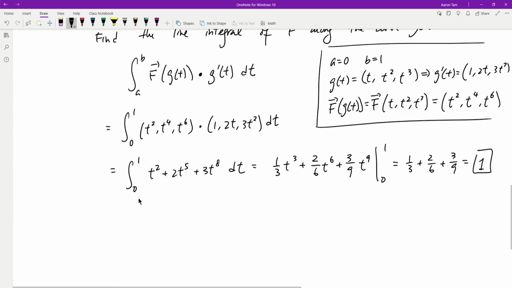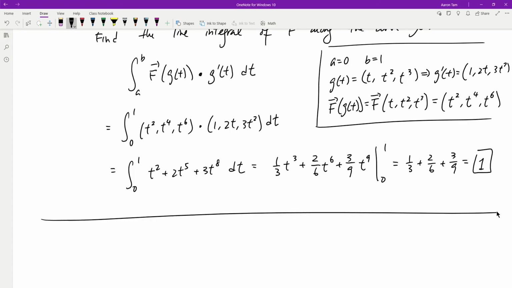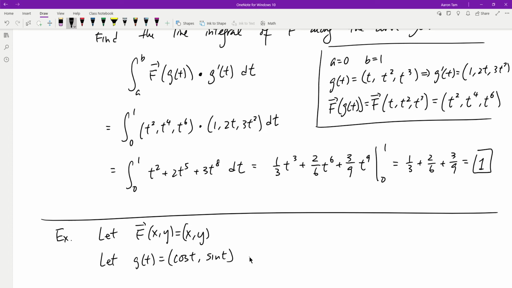All right, let's give a second example to try out. Okay, so here we go. So kind of the same thing. Let vector f of x, y equal x, y, and let g of t equal cosine t, sine t, for t between 0 and 2 pi.